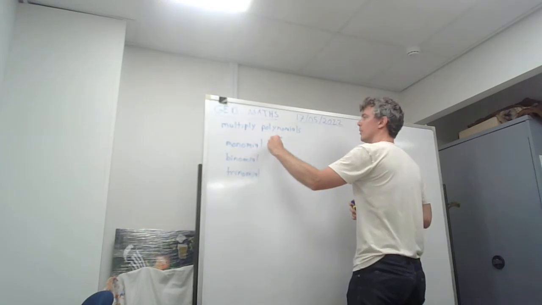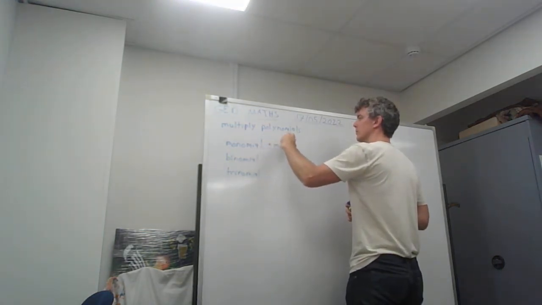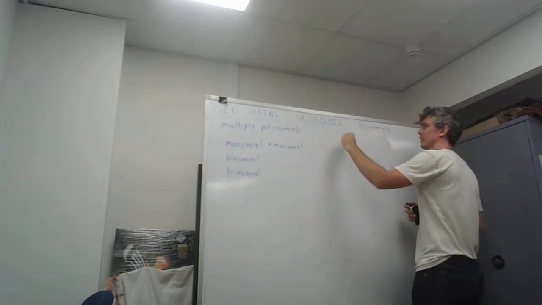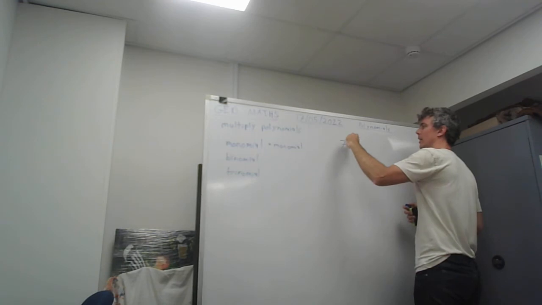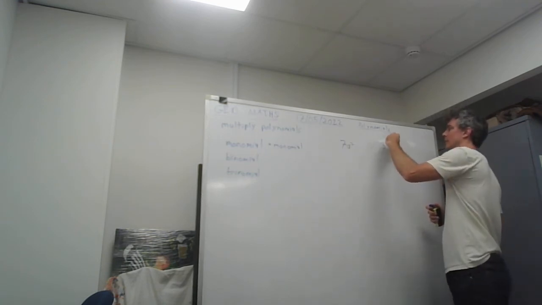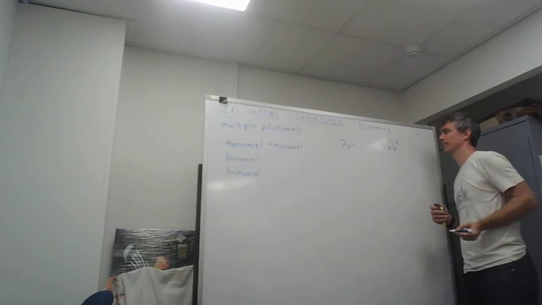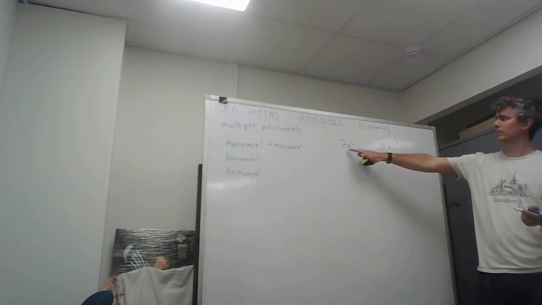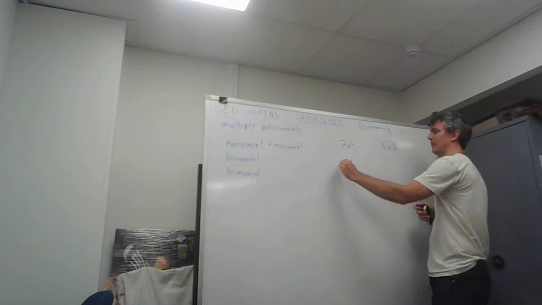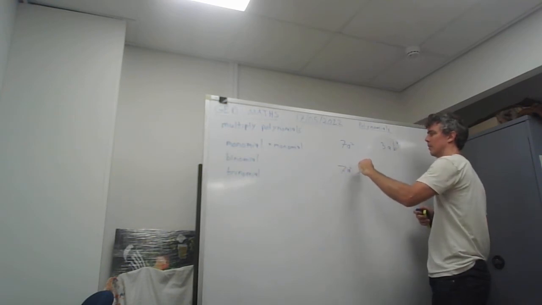So monomial times monomial. If I have a monomial like 7a squared, and the other one can be 3a to the power of 4. Right? So here's my one monomial, and here's my other monomial. If I multiply them, I'm basically saying 7a squared times 3a.